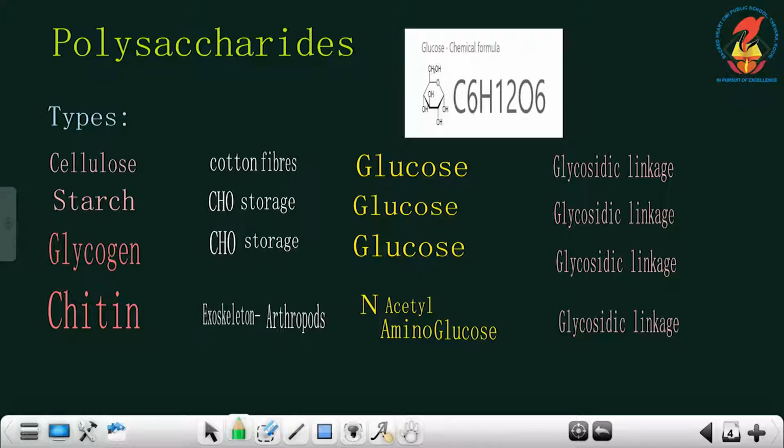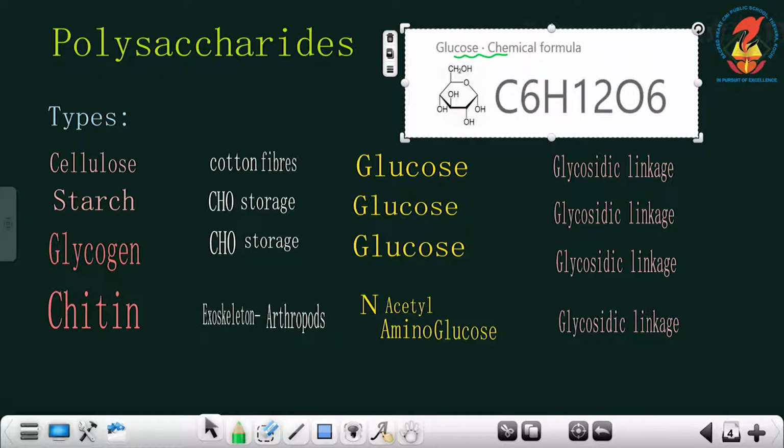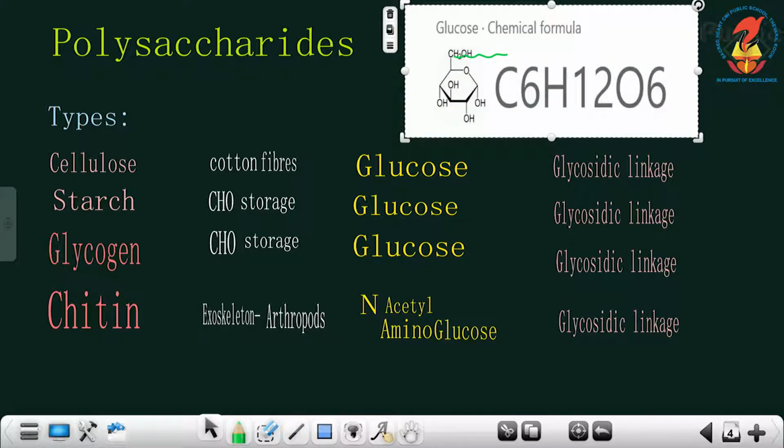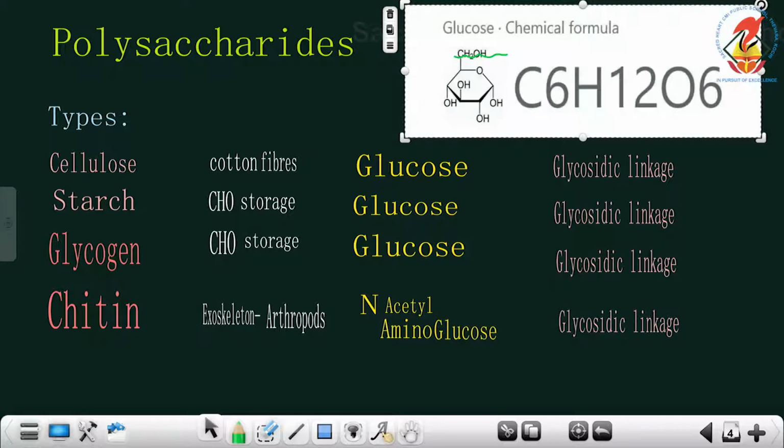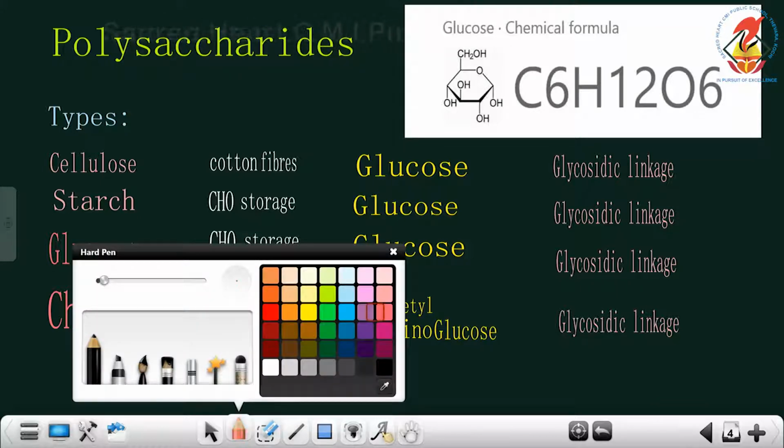Polysaccharides, as told, are a linear chain of a number of monomeric units called monosaccharides, and the monosaccharide is glucose. This is the chemical formula and structure of glucose. You all are familiar, but I am zooming through the structure of glucose. Repetitive units of glucose form a polymer. See the structure of glucose?